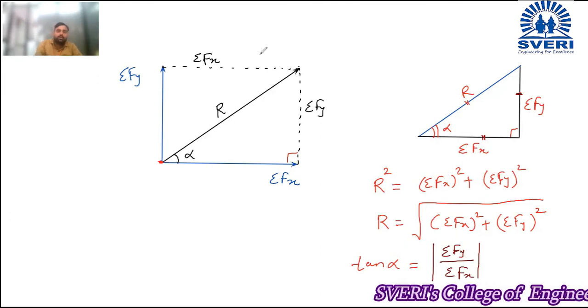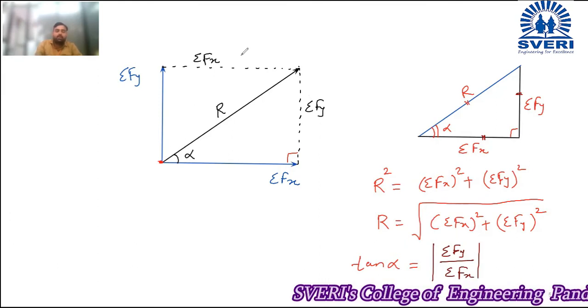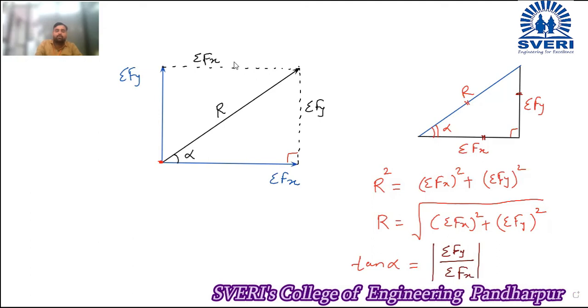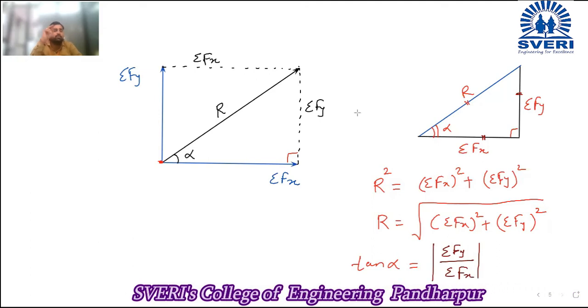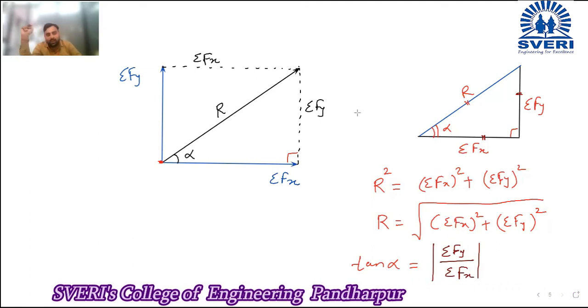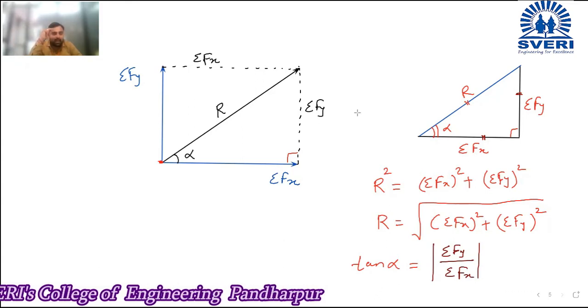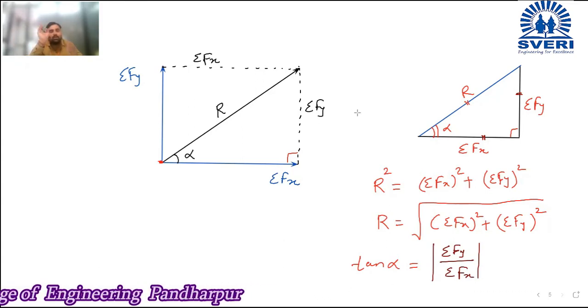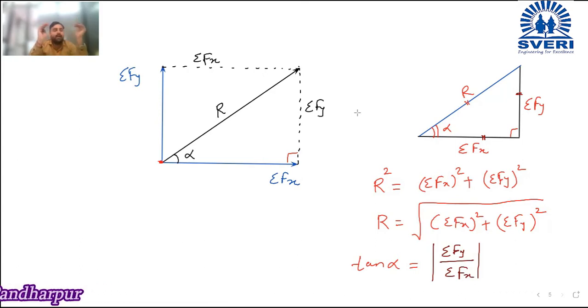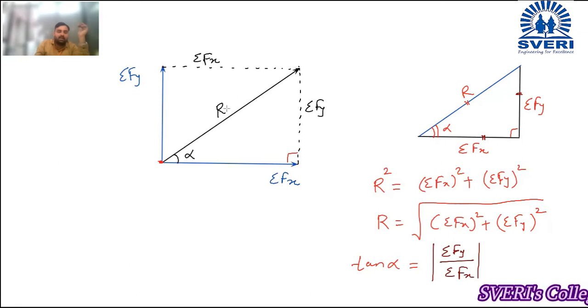Now from here, how should I resolve this? You must draw one line parallel to the x-axis and another line parallel to the y-axis. But while drawing those two lines, take care that your main force, that is this R, comes in between these two components.